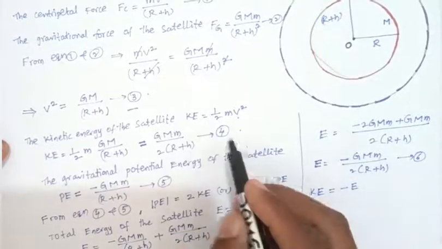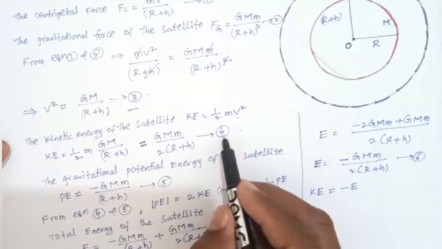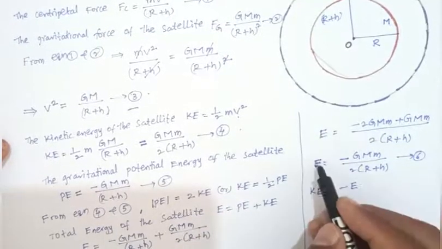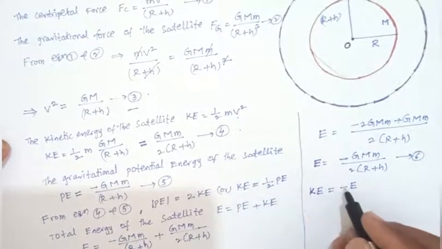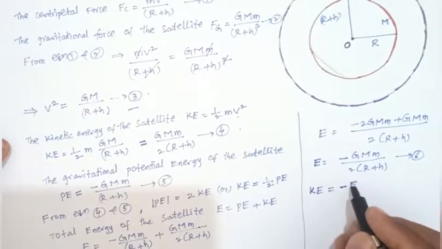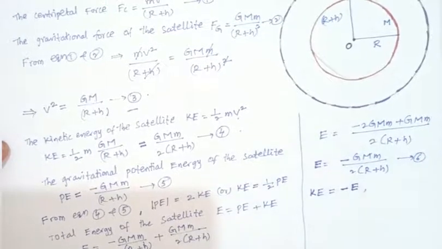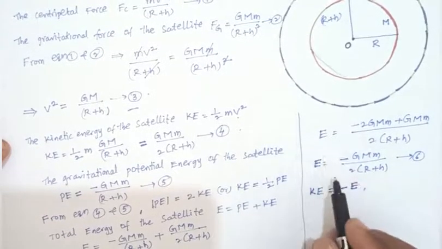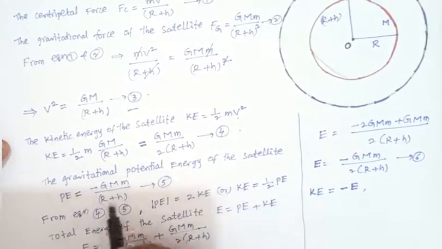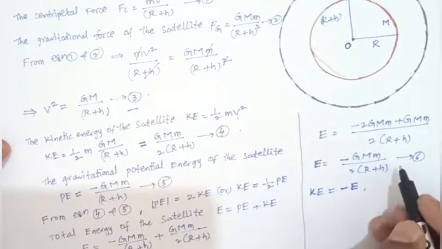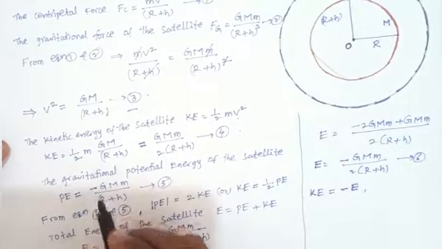Hence from 4 and 5 we can write that the kinetic energy equals the negative of the total energy, and the potential energy and the total energy both have a negative sign.